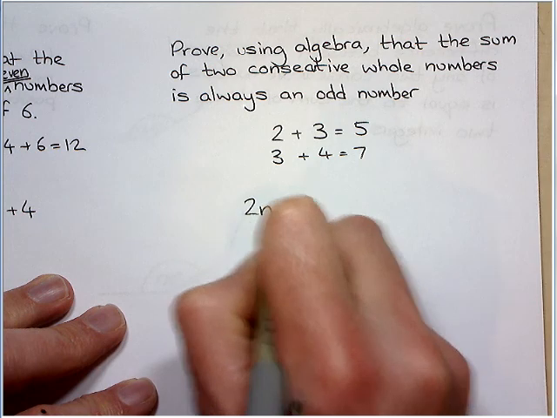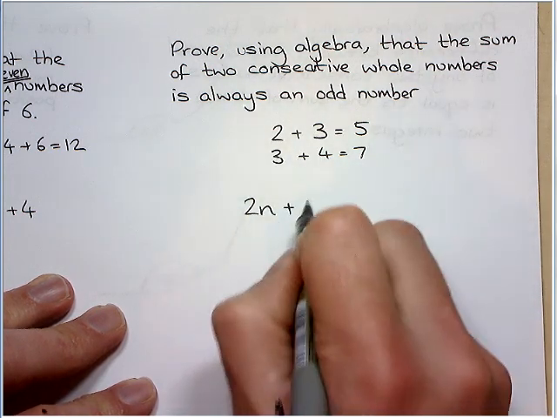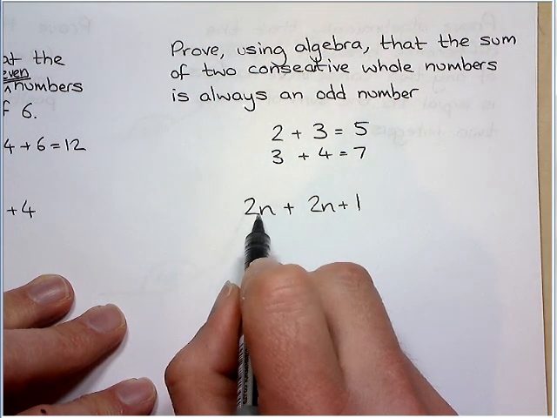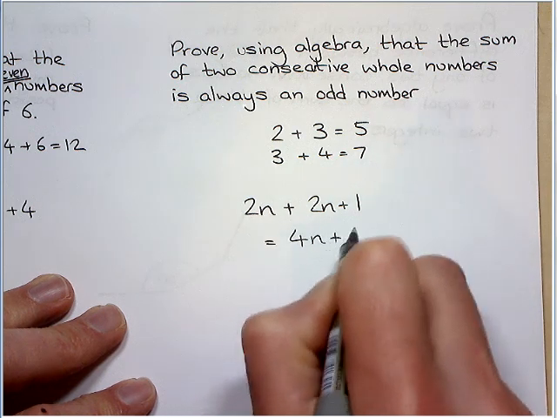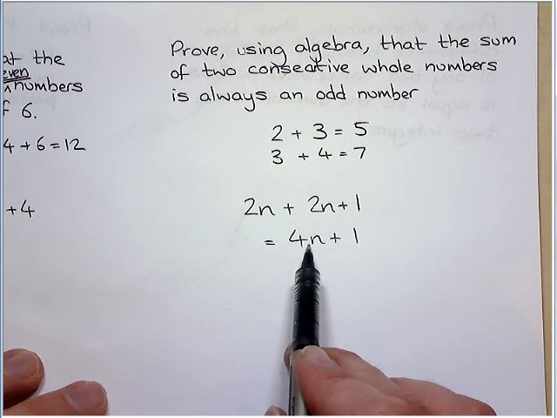So it's an even number plus an odd number. Now, if this is even, to get an odd, you add 1. So this must be our expression for odd. Now, this gives us 4n plus 1. Now if something is even, it means it's in the 2 times table.